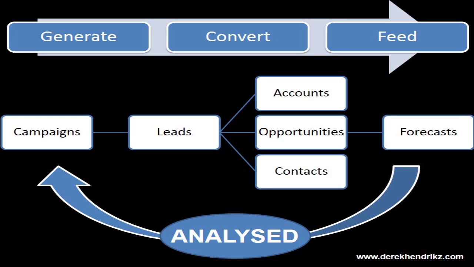And these forecasts are then processed back into campaigns again. So you've got a process where you generate awareness and attract customers through your campaigns. You convert it into leads so that salespeople can get to work and acquire these customers. We create accounts, opportunities, and contacts, and then this forecasts back into campaigns, and so it goes on and on and on.